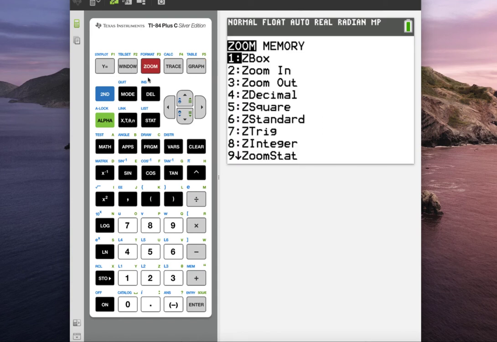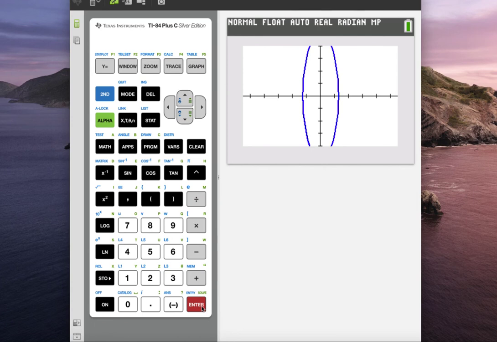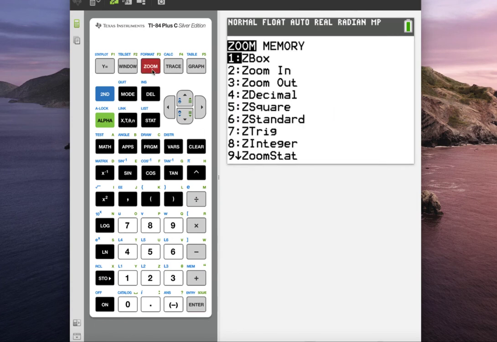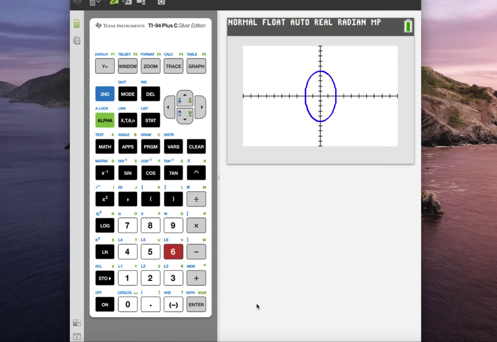Let's go to my standard zoom here. Okay. There we go. And so in fact we do have an ellipse, okay?